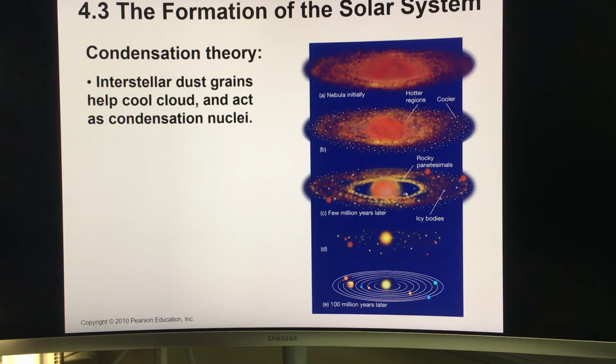Eventually we have rocky objects in the center and icy bodies at the boundaries. The center of the nebula eventually becomes a star, and the outside eventually becomes four inner planets, which are Mercury, Venus, Earth, and Mars, and four outer planets, which are Jupiter, Saturn, Uranus, and Neptune.